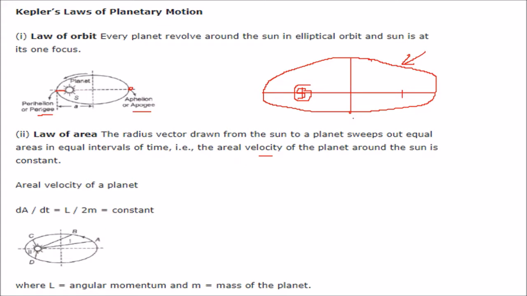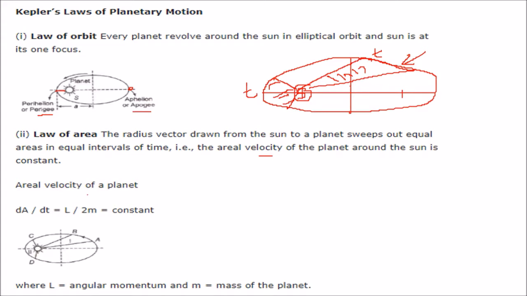Means if at time t it moves from this point to this point, this is the area. If for the same time t, this is the area, then these two have to be equal. This is the law of area.